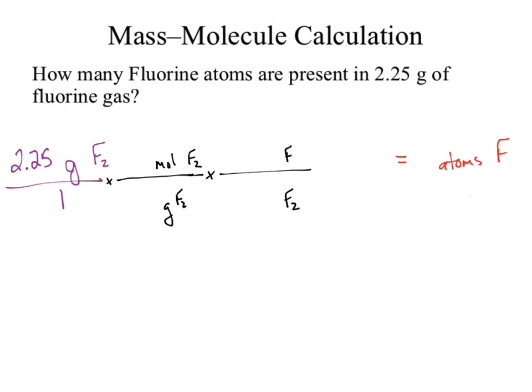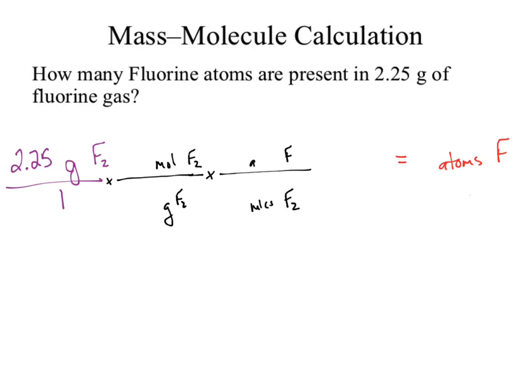I could use a counting measurement for the chemical formula. What unit or measurement is my counting unit? Moles. So if I can make it into moles, I now have a counting unit that I can use to convert fluorine molecules into fluorine atoms.